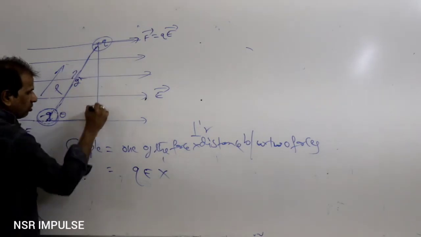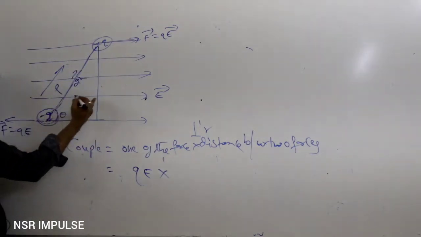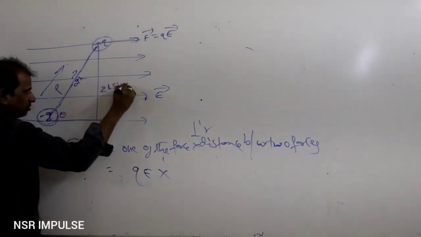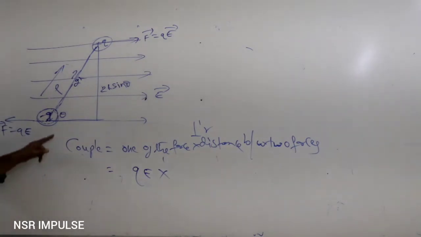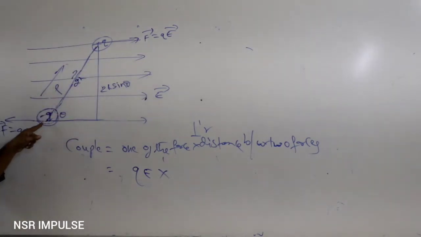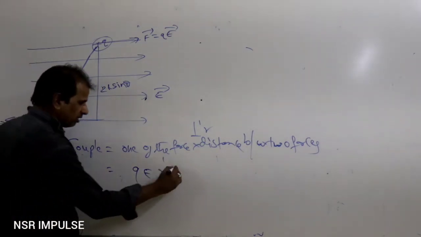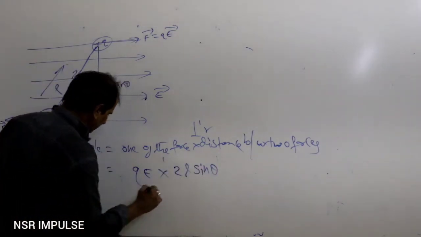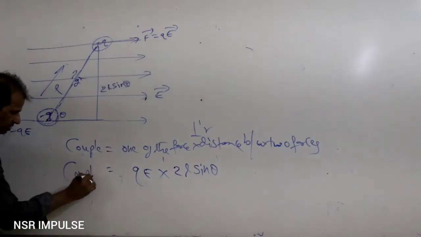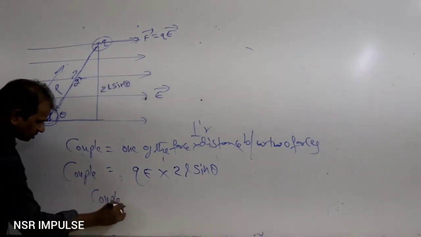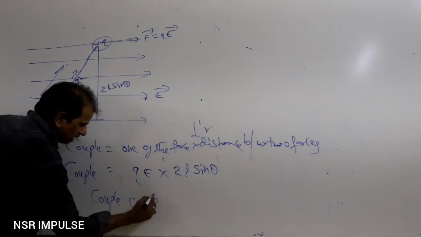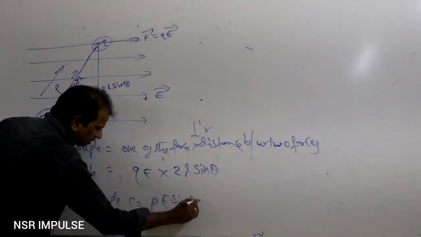One of the forces is QE, into the perpendicular distance between the two forces. The separation is 2L, and for theta the opposite side is 2L sin theta, in the right angle triangle. This is 2L sin theta. So the couple C is equal to Q into 2L, that is PE sin theta.